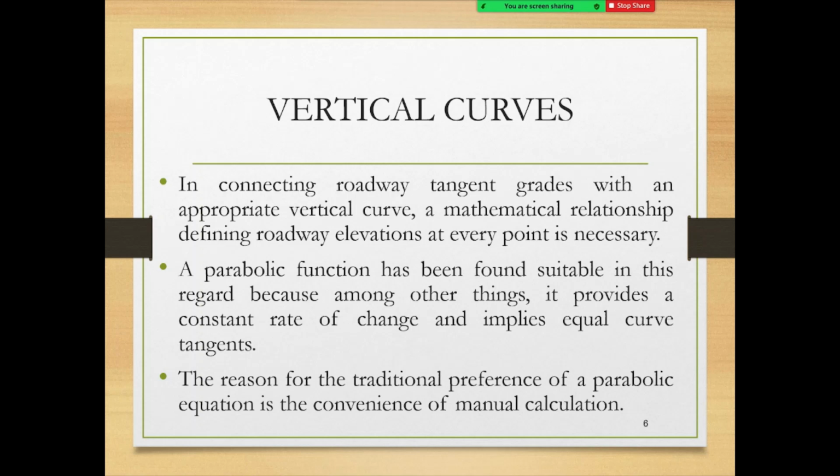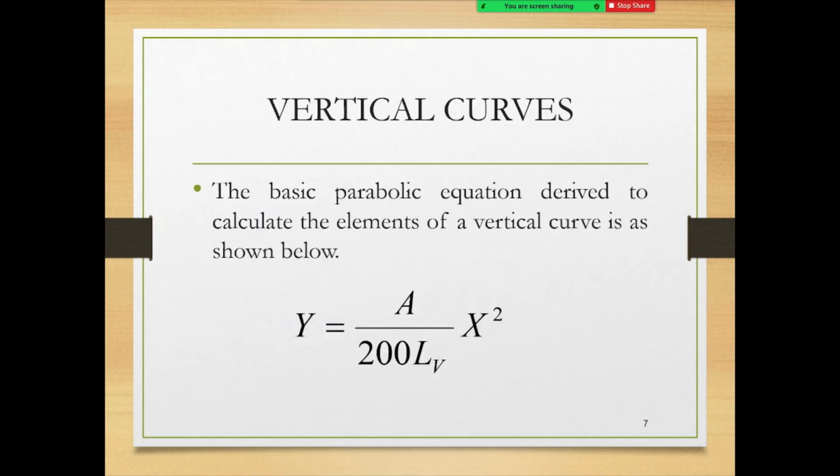Before that, you had to calculate manually. Okay, so for manual calculation, of course, a parabolic function was suitable. Now, in other countries also, maybe computers came to the highway industry in this millennium, in year 2000. Before that, maybe you couldn't, right? So everybody used manual calculations.